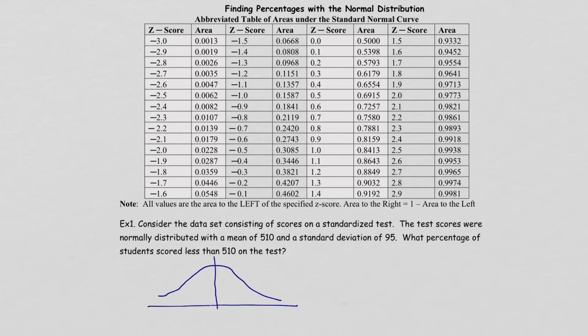If we have a mean right here, we will have 50% from the mean to the left side. So below 510, you should have 50%. Above 510, you have another 50%. So the answer to this question is going to be 50%. But that's the basic information we need in order to continue to the next problem.